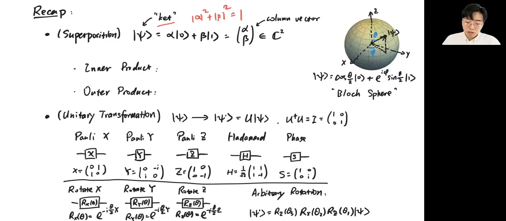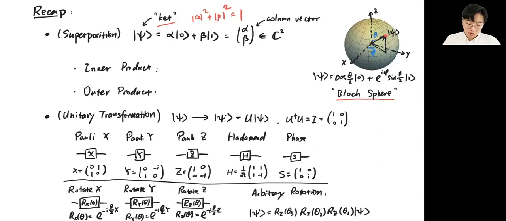You can also write it down as a two-dimensional complex column vector, alpha and beta, like this. And we learned that there's a nice visualization of a qubit state on what we call a Bloch sphere. Essentially, you rewrite the quantum state in spherical coordinates, and a quantum state corresponds to a point on the surface of the Bloch sphere.